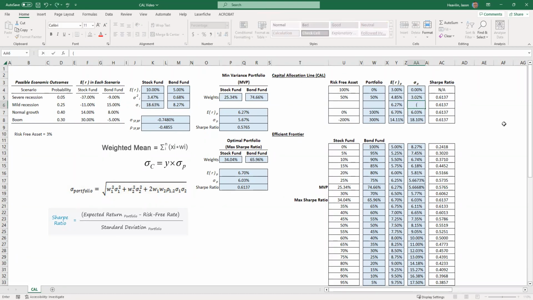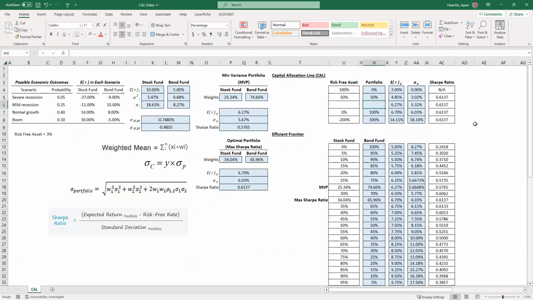So I'm gonna take the expected return minus the risk-free asset divided by the Sharpe ratio. And that's the standard deviation we should have in order to achieve that Sharpe ratio and stay within the capital allocation line.